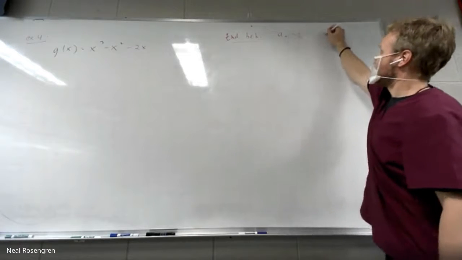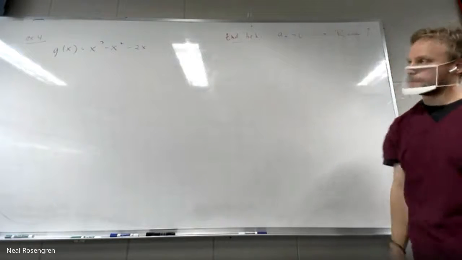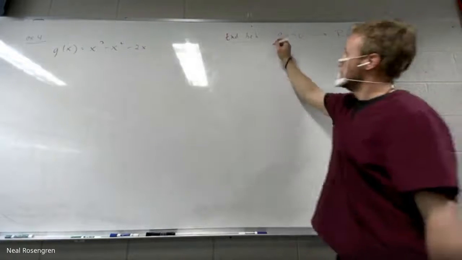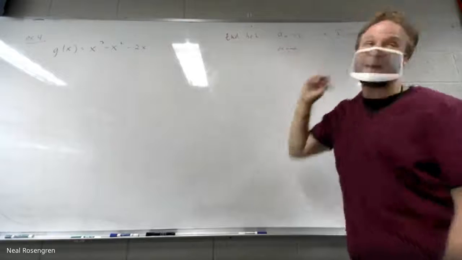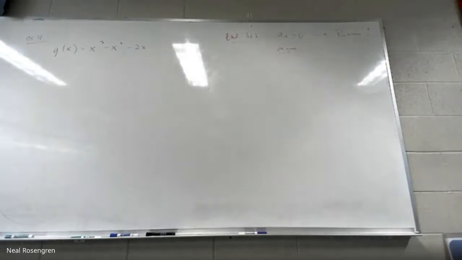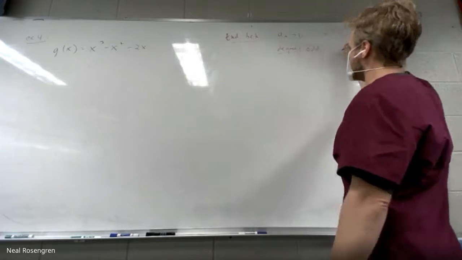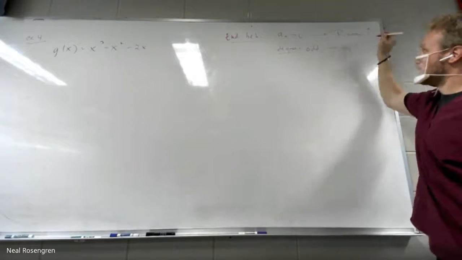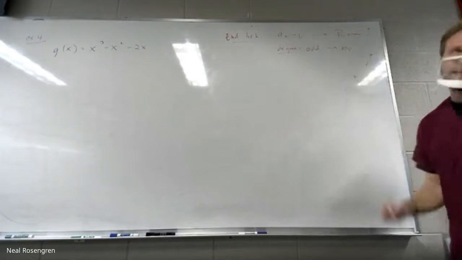And so what that tells me is that my right arrow is going up. Cool. So that's one thing. And then what's the degree? What's the parity of the degree, even versus odd? Largest exponent is a 3, so that's odd. So I know that I've got opposite directions. So I know that I've got up on one side and down on the other. Okay, cool.